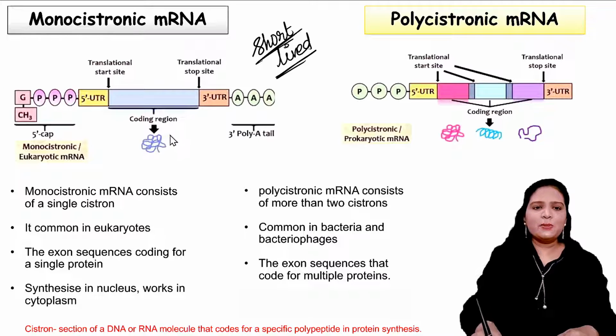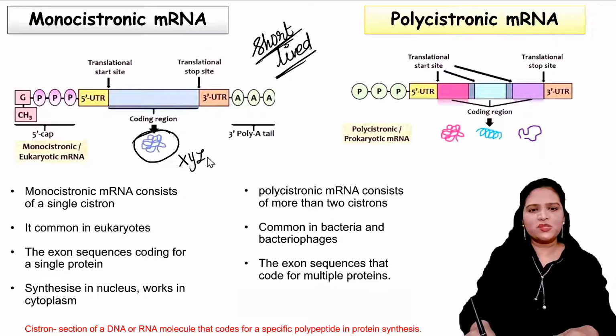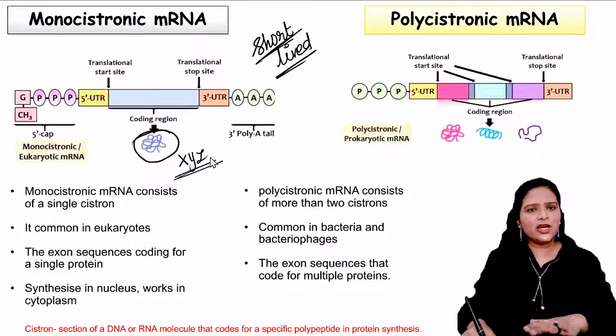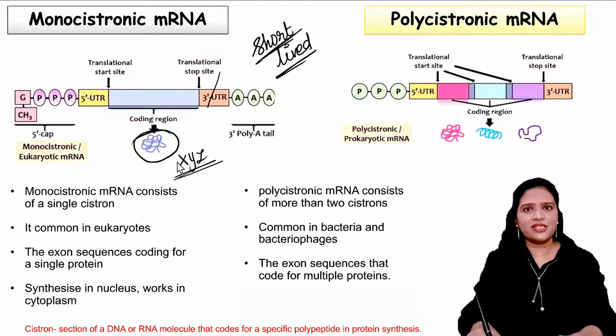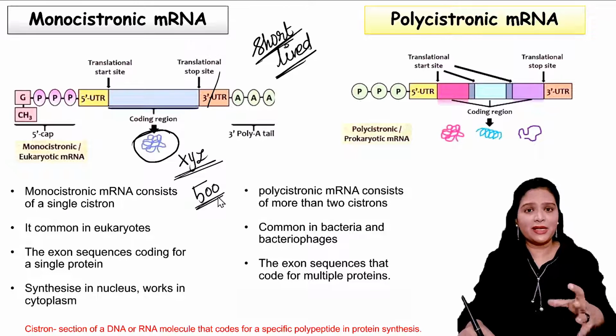Say for example, let us say this is one protein, XYZ protein. Once this XYZ protein is produced, this mRNA gets degraded. Suppose the cell needs 500 XYZ proteins.